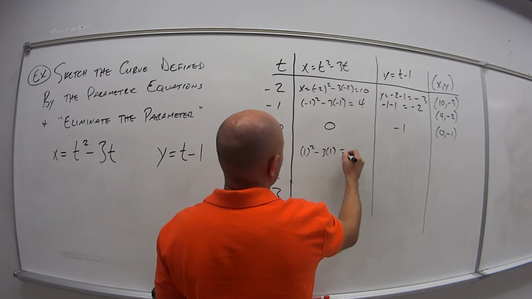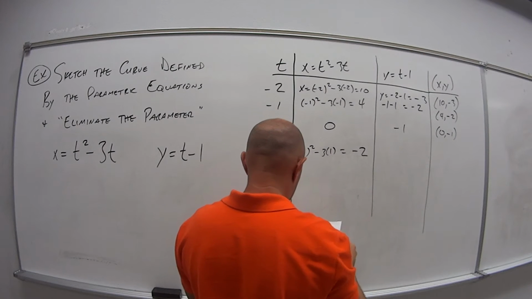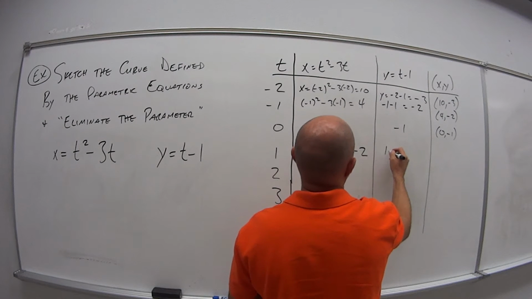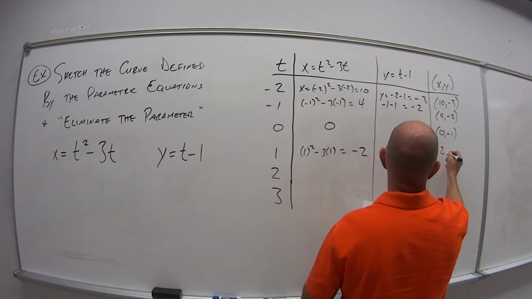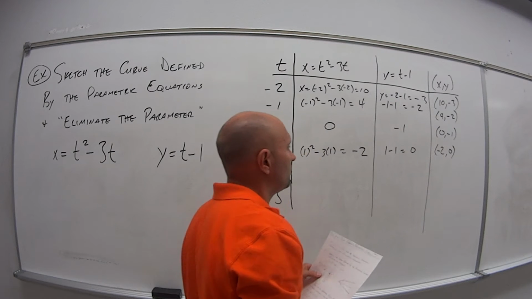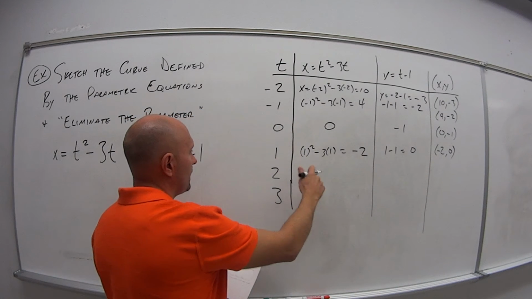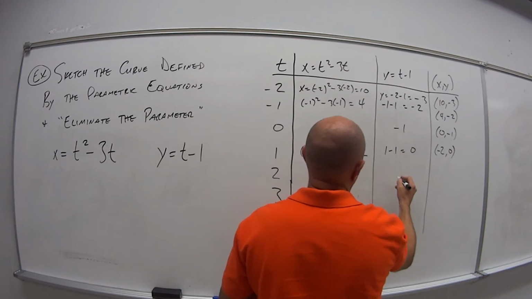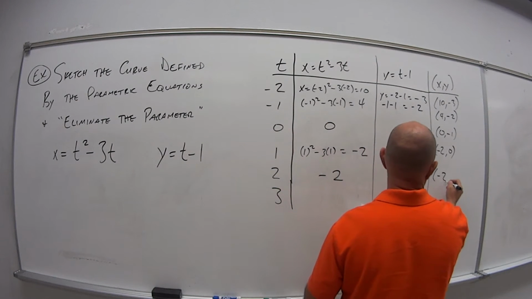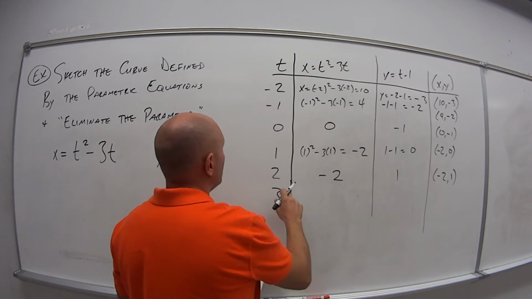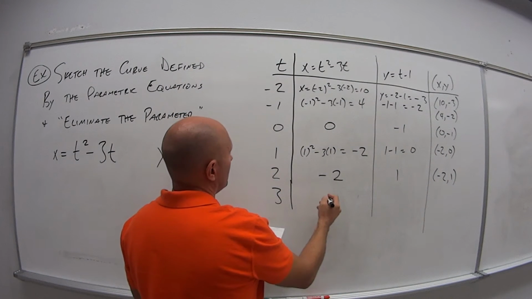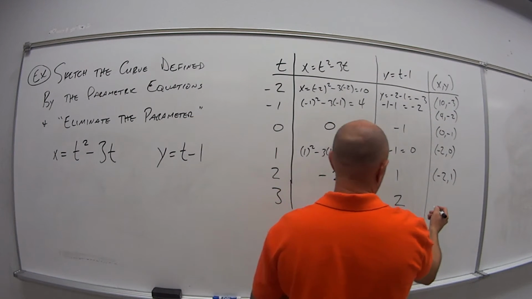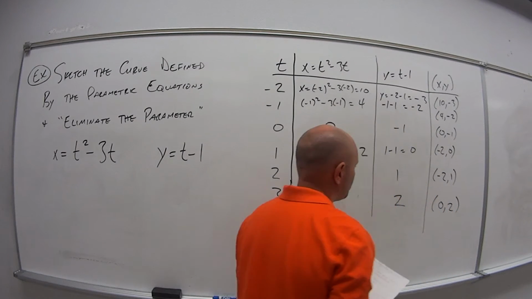So 1 minus 3 is -2. Yes, -2. And y is 1 minus 1, which is 0. So that gives us the point -2, 0. So if we keep working our way down, when t is 2, x is -2, and y is 1. So that gives us -2, 1. And when t is 3, x is 0, y is 2. So that gives us a point 0, 2.